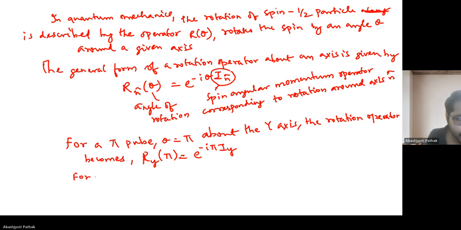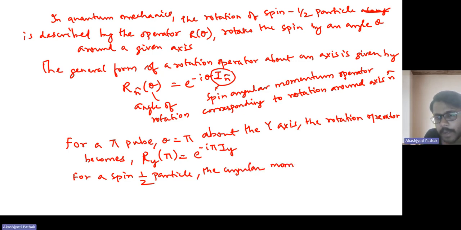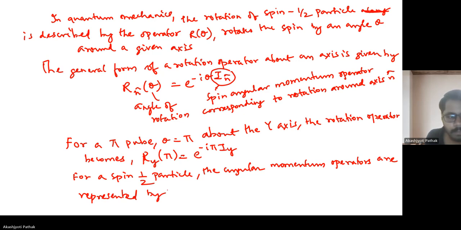For a spin half particle, the angular momentum operators are represented by the Pauli matrices.